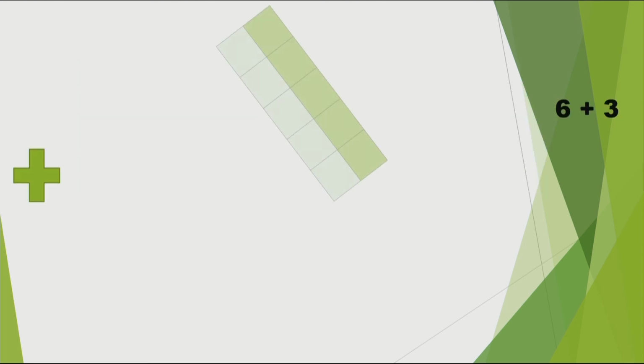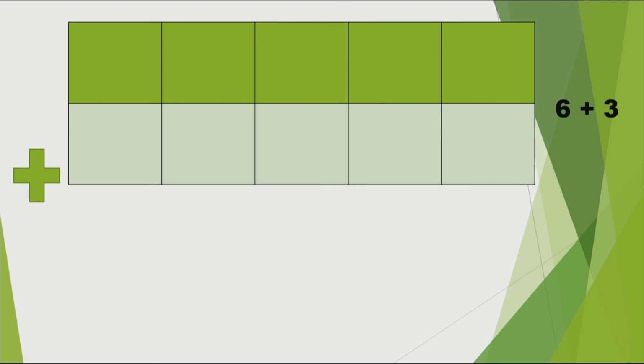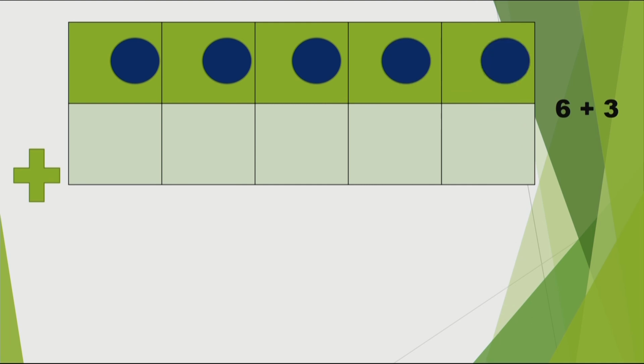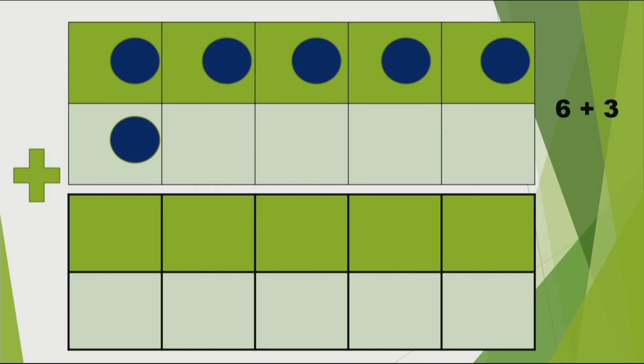Now let's move to the other one. Empty 10 frame. We already see that we are going to add 6 plus 3. So 1, 2, 3, 4, 5, 6. The addition sign is here. Let's put the other one. 1, 2, 3.